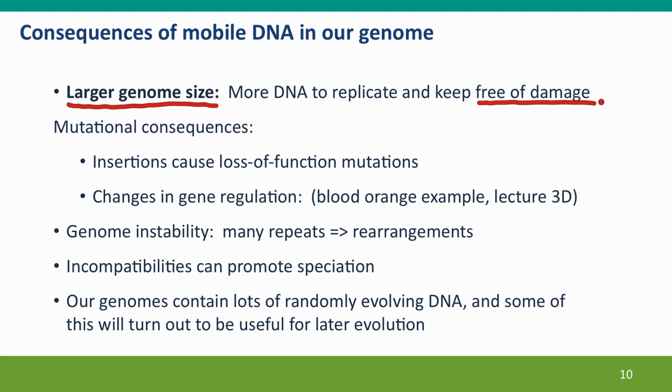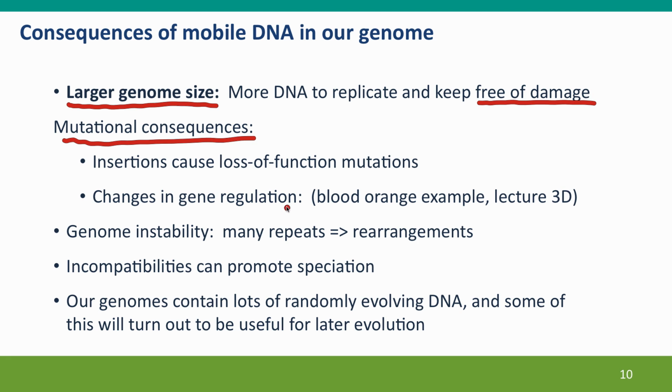There are also mutational consequences of this DNA. Many loss of function mutations in our genes are actually due to insertions of mobile elements. These elements don't preferentially insert in unimportant places. They insert at random, and then natural selection has to deal with whatever harm is done.